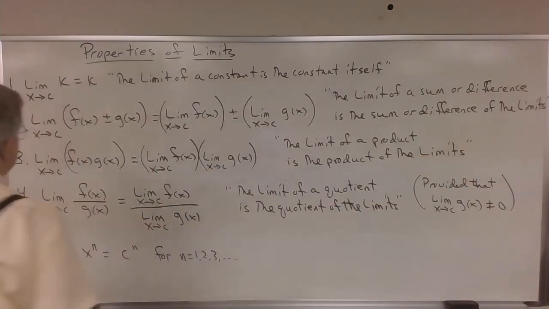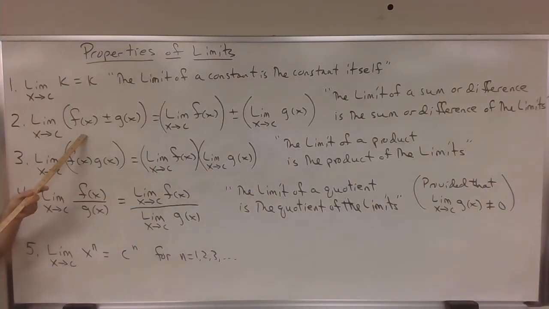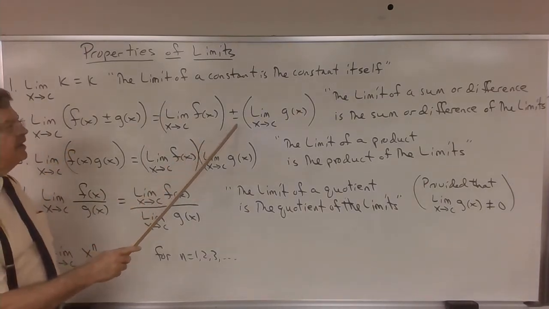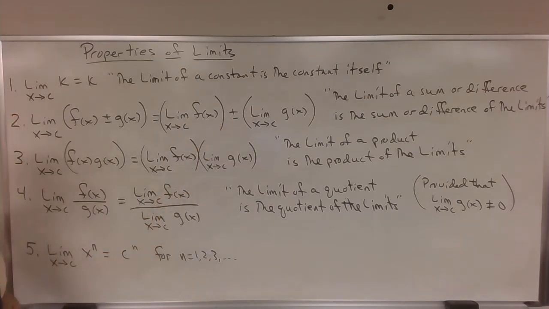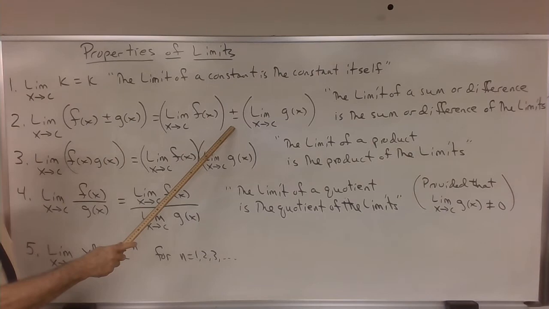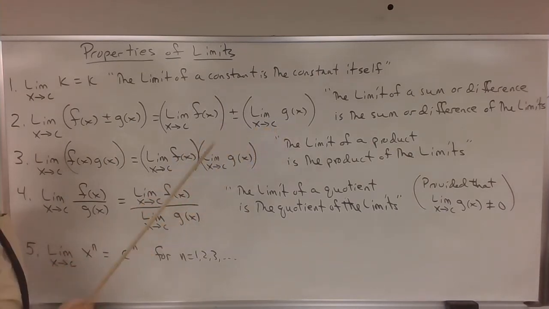In our second property, we have the limit of the sum or difference of functions. And that turns out to be the sum or difference of the two limits. So here we could say the limit of a sum or difference is equal to the sum or difference of the two limits.